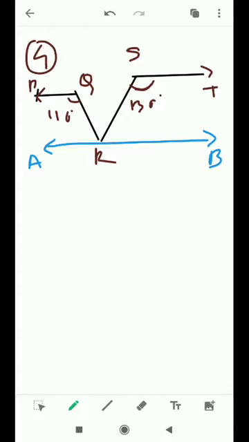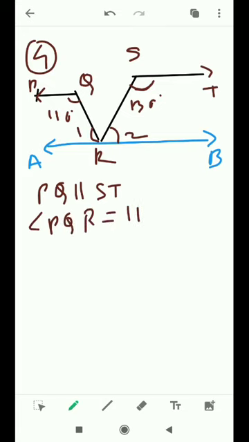And here we will mark angles. This is 1, this is 2. So first you have to write what is given in the question. PQ is parallel to SC given. Then angle PQR equal to 110. Then angle RST is given, that one is 130 degree.